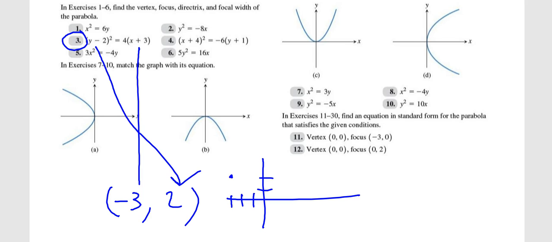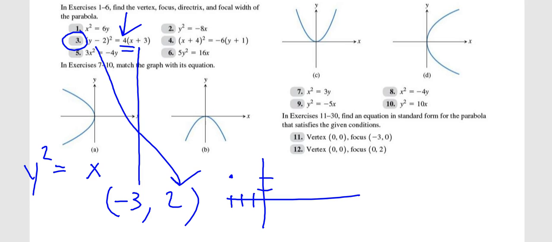Which way does this thing open? It is going to the right, because it is of the x equals y squared variety. That's the variety we're looking at here. I'm trying to really help you so that you can decide what's going on here, and some of you are not paying attention at all. If the value here is positive, what is that telling me?